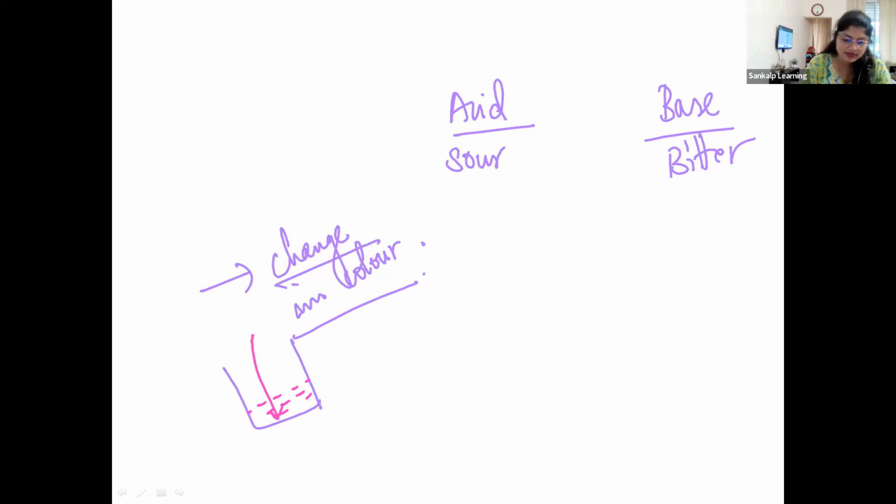You have indicators in your textbook. Just see. Page number 73. After indicators, it is directly salts.